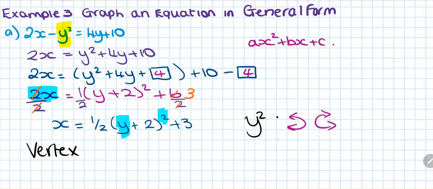So when we use a y, we're going to be using h and k, where this here is going to be our k value, and this will be our h value. So our vertex is going to be 3 and minus 2.